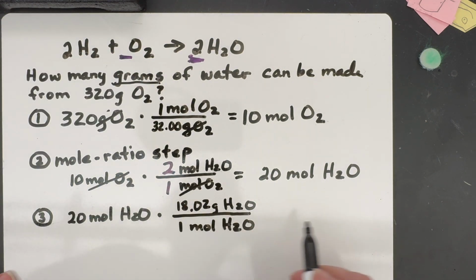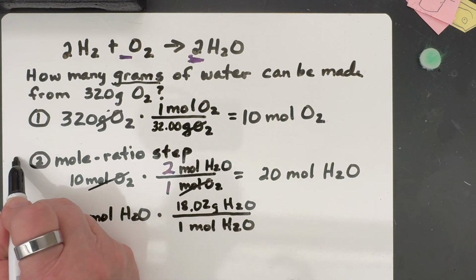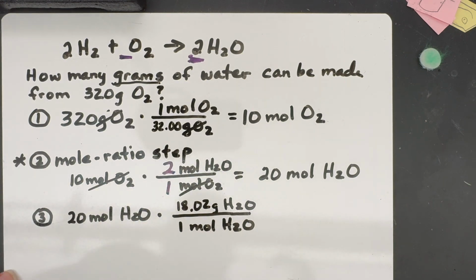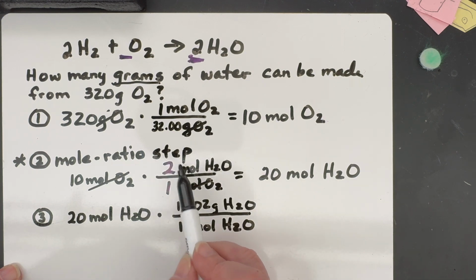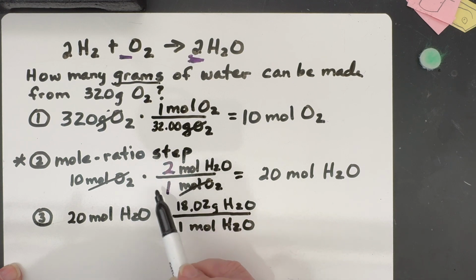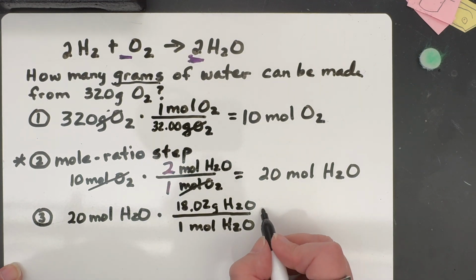The middle step, which is always required, you always have a mole step in these stoichiometry problems. In this one, we're going to have mole over mole, two different things. And so here we use the coefficients. This is the only place we use them. We do not use them to find mass. We do not use them in the first or last step. We only use them in our mole ratio step.